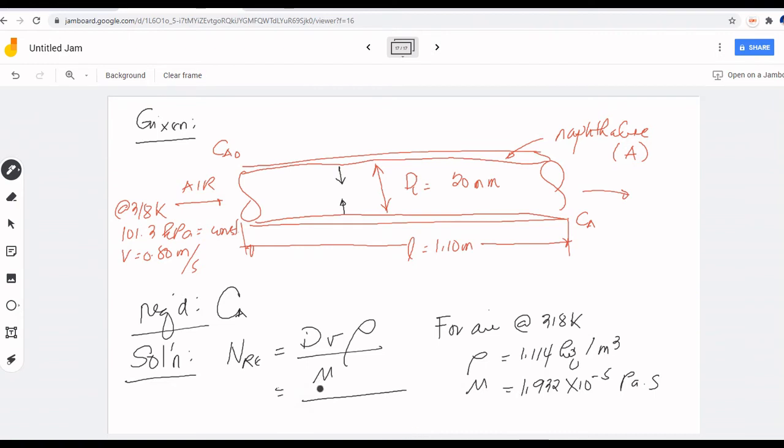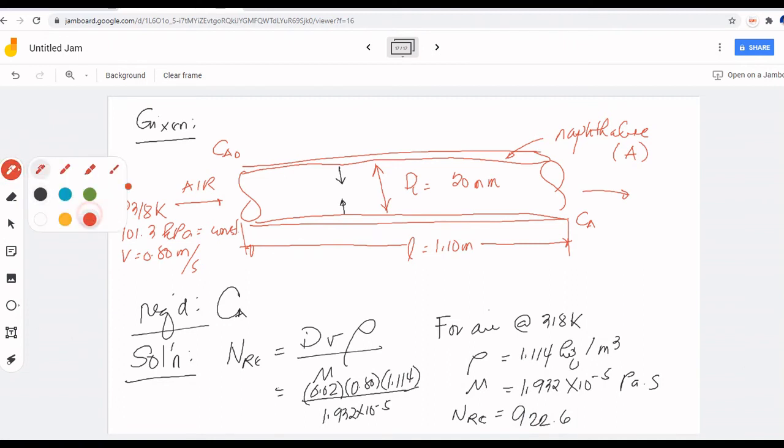For our diameter, we have 0.02 in meters, the velocity is 0.8, the density is 1.114 and the mu is 1.932 times 10 raised to negative 5. This will give us a Reynolds number equal to 922.6. Since it's below 2100, the flow is laminar.